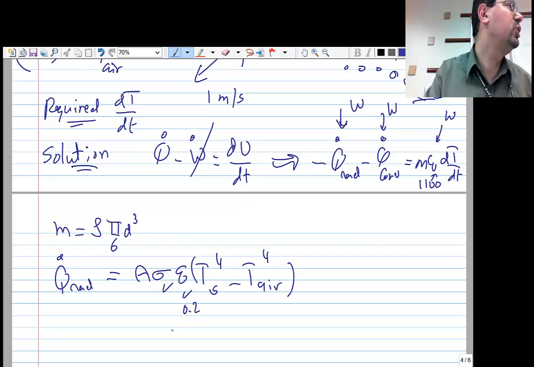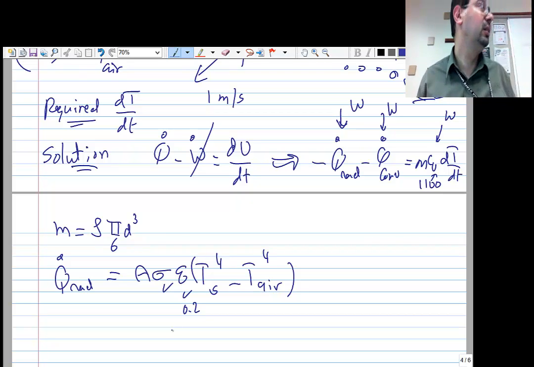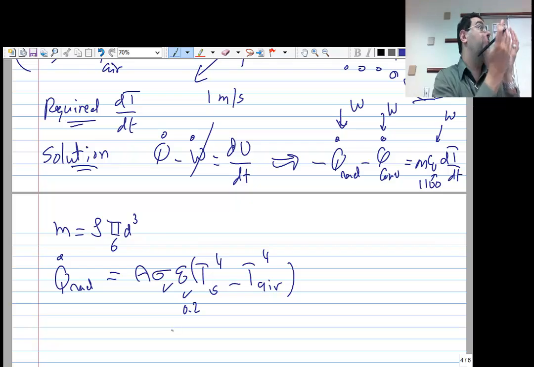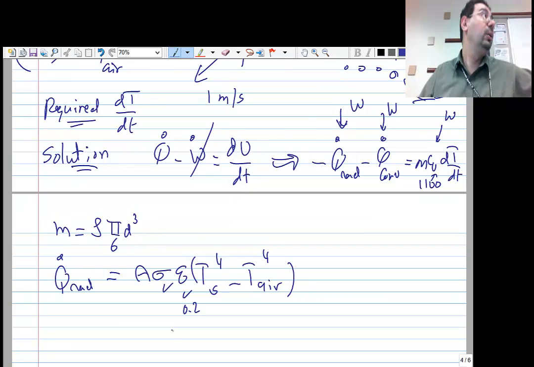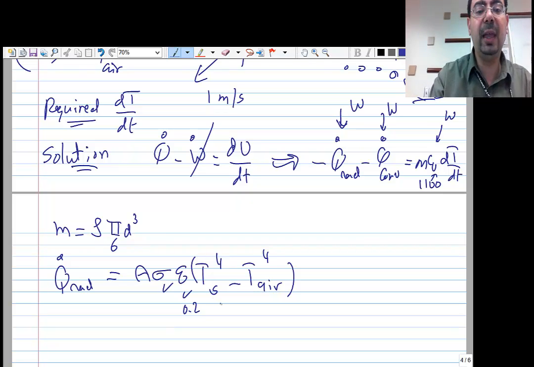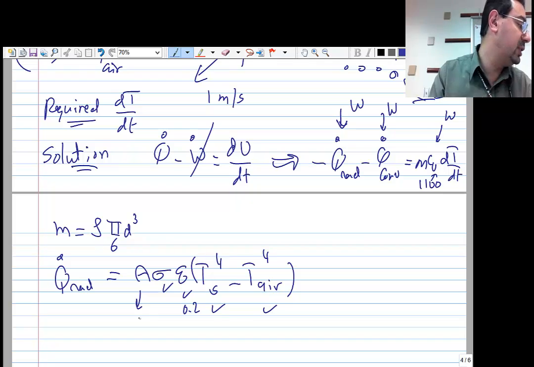I guess because it's so bright, it's not radiating as much. If it were black, it would be radiating like crazy. So to reduce radiation, you make the surface very bright or polished. We have sigma, epsilon, Ts, T air, and the area, which is the area of a sphere, 4 pi r squared or pi d squared, correct?